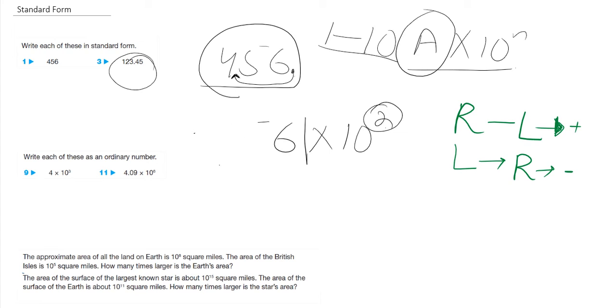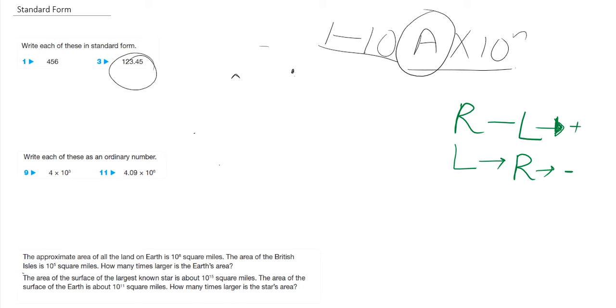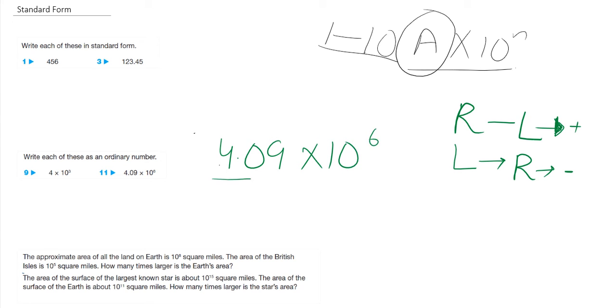Let's check out standard form to ordinary values. Write each of these as an ordinary number. All right. So 4.09 times 10 raised to the power 6. We need to remove this decimal point and move it over here. Again, we have to do the opposite of the previous concept.